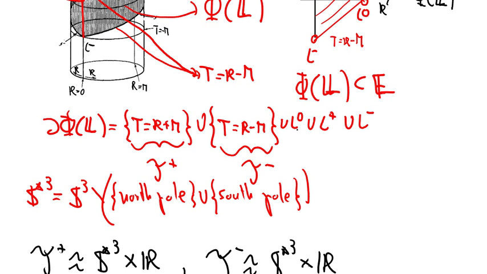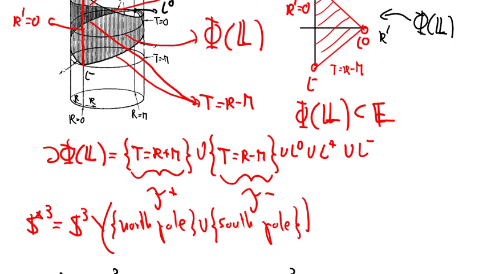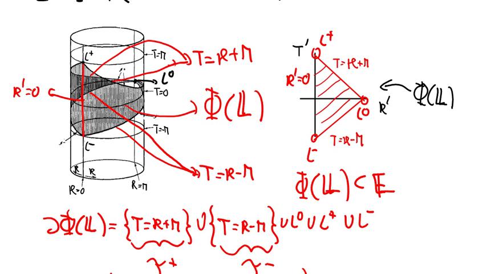And the other sets, I naught, I plus, and I minus, are just points. Just look again at this picture, and you realize that they correspond to points on S3.